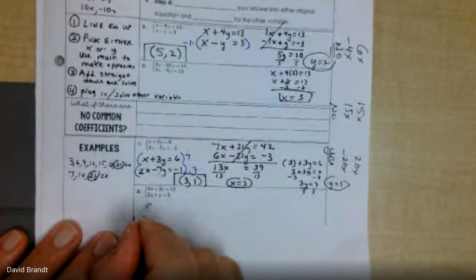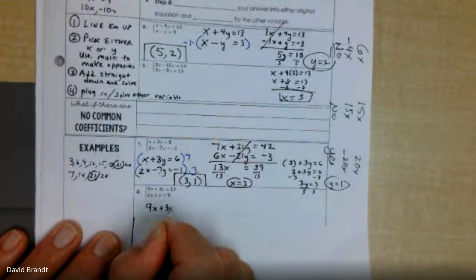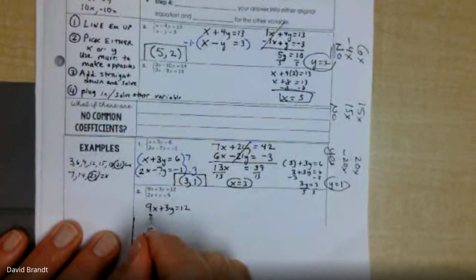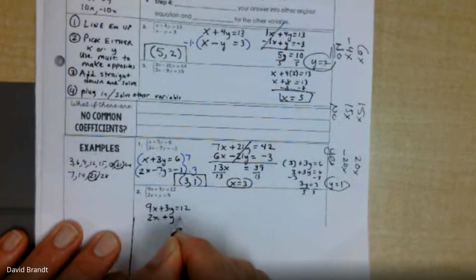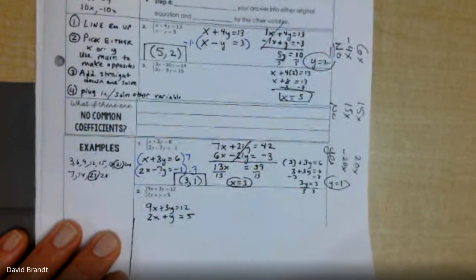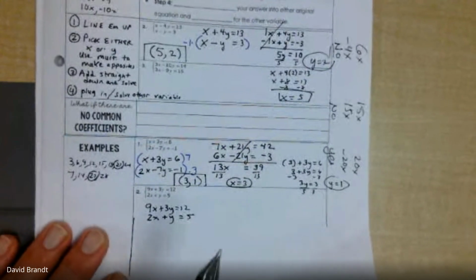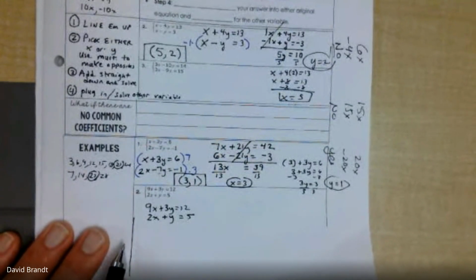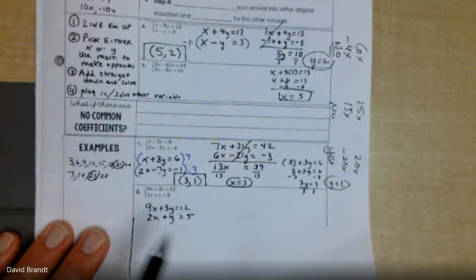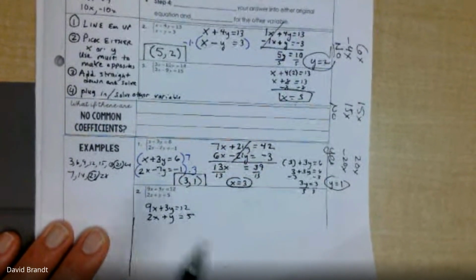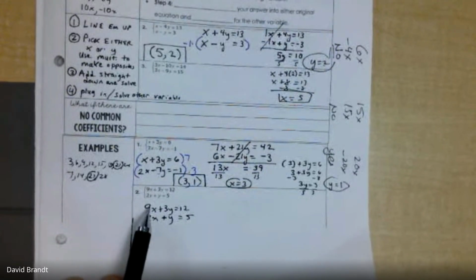Let's see. 9x + 3y = 12, 2x + y = 5. I'm going to get opposites on either the x's or the y's. If you get opposites on the x's, what's the first number that if you count by 9s and 2s they'll have in common? That would be 18.